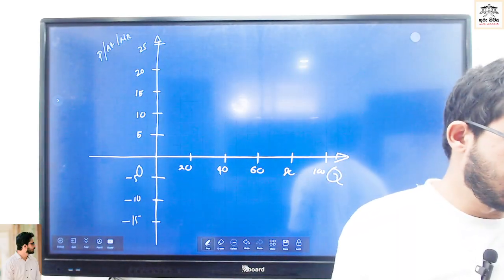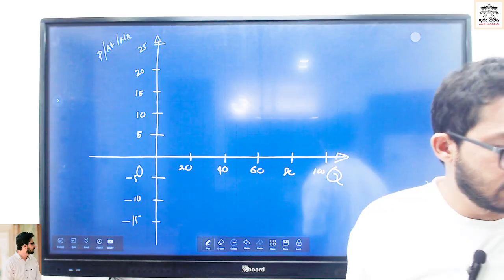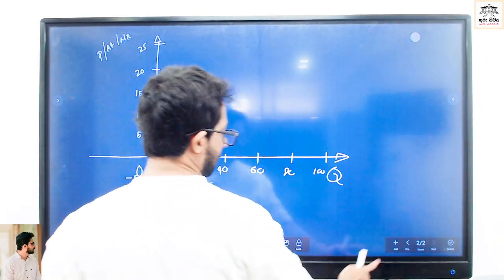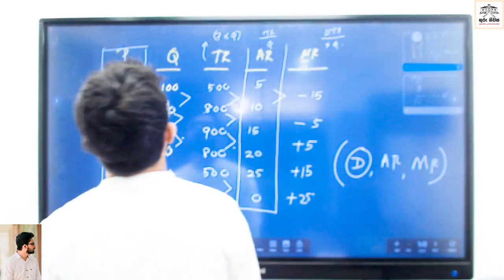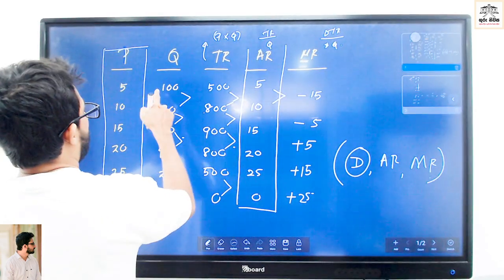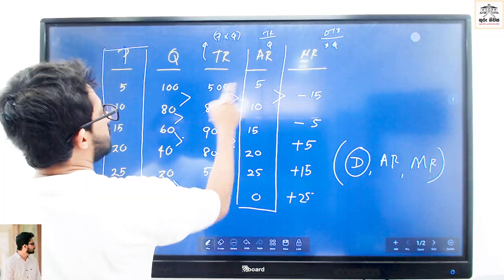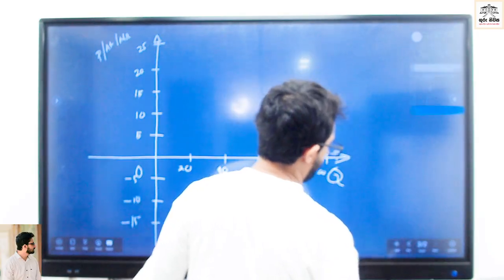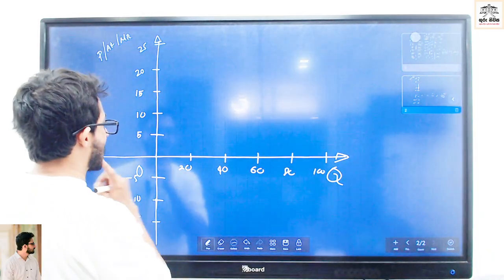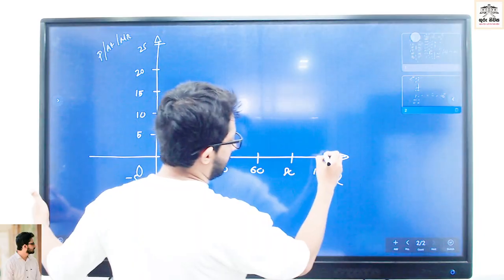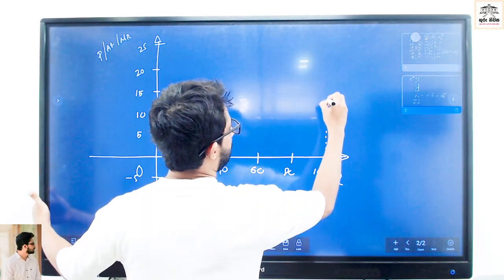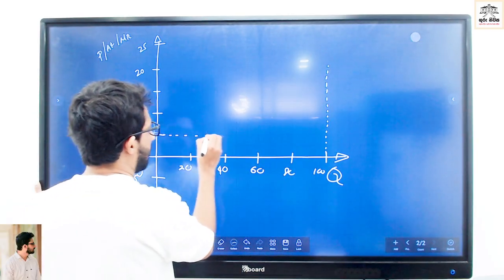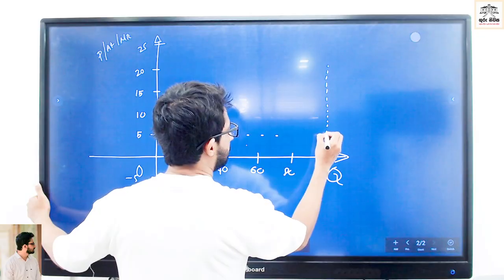Okay, Buddha. First, let's draw the MR curve, Deepna. Sorry, not MR, the AR curve first. How to draw AR? At quantity 100, AR is 5.